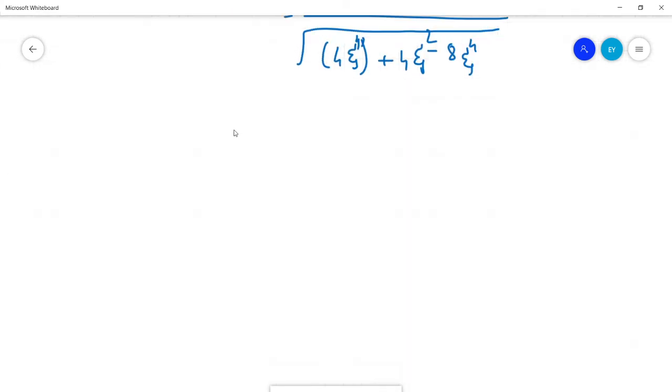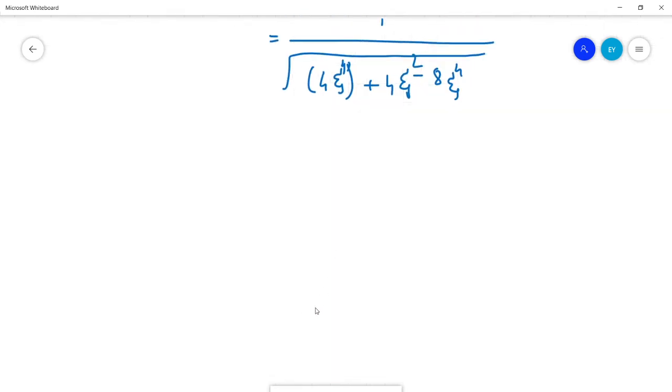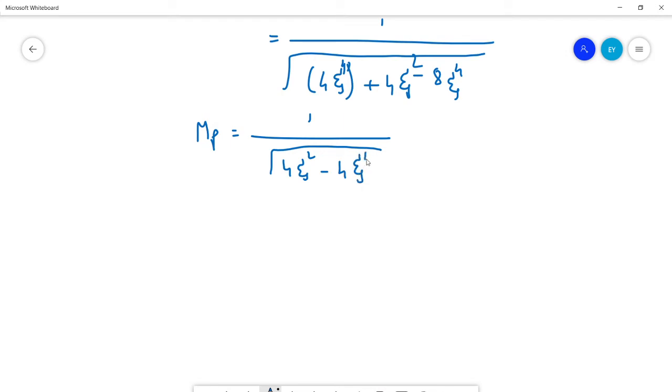And now from this expression, what you get as MP is equal to 1 by square root of 4 zeta square minus 4 zeta power 4, right?